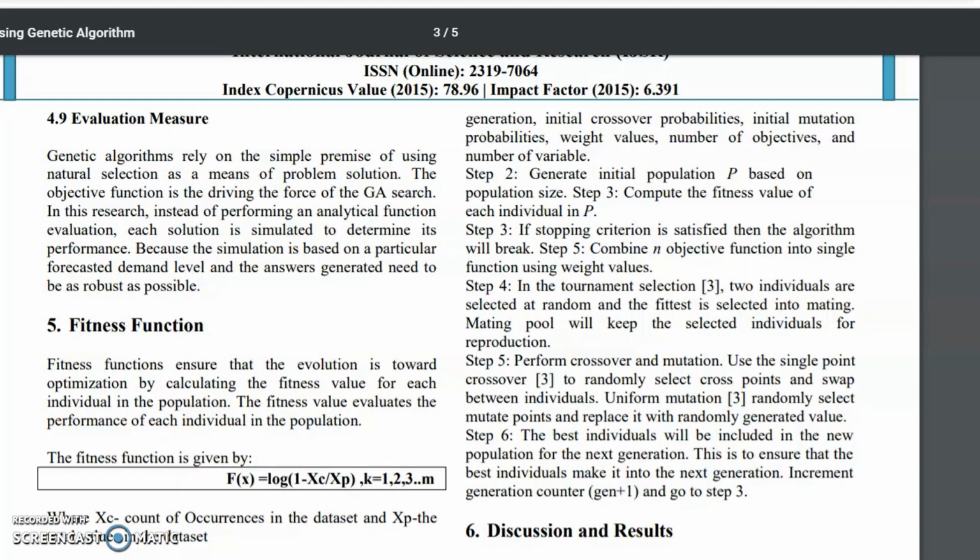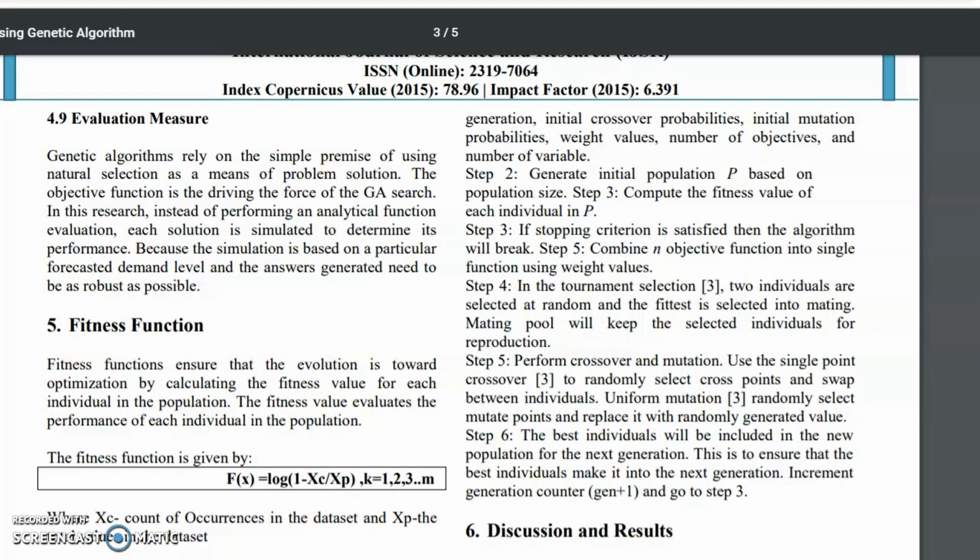The objective function, how it is used with weight values, is considered. And when we take the tournament selection, which is the selection criteria, two individuals are selected at random and then selected into the mating.